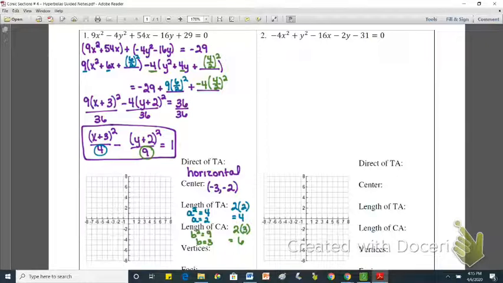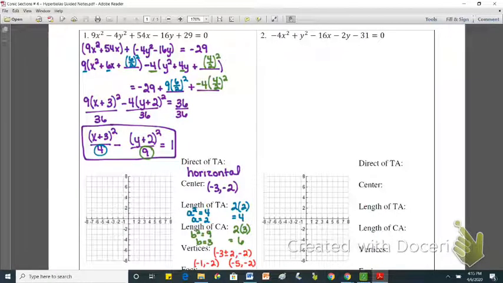So from here, we're going to do our vertices. Our formula up above said h plus or minus a. So we're going to do both of those. So for my vertices, I am going to do -3 plus or minus 2, comma, -2. So -3 plus 2, that's a -1, -2, and -3 minus 2, that's a -5, -2.